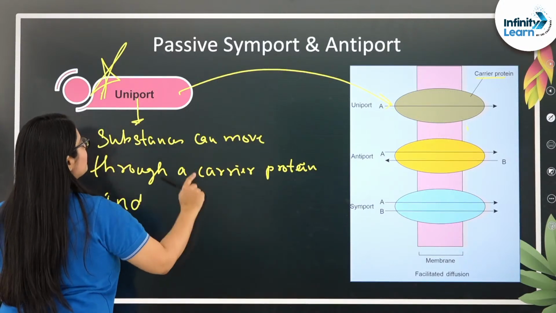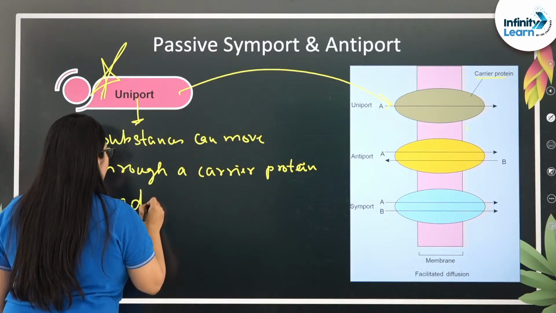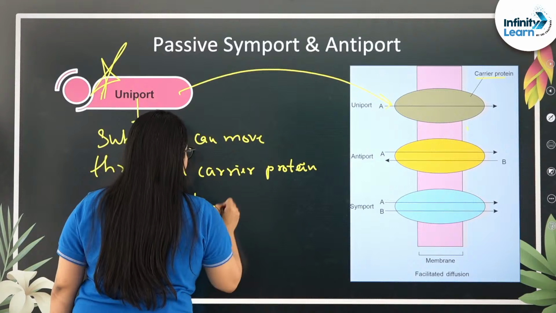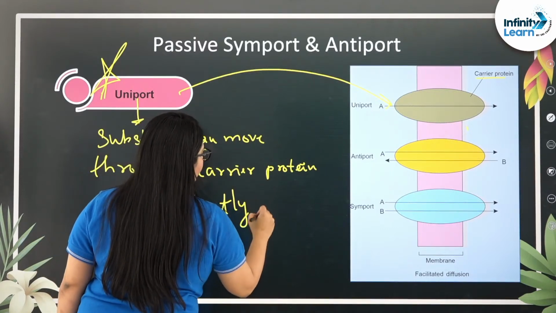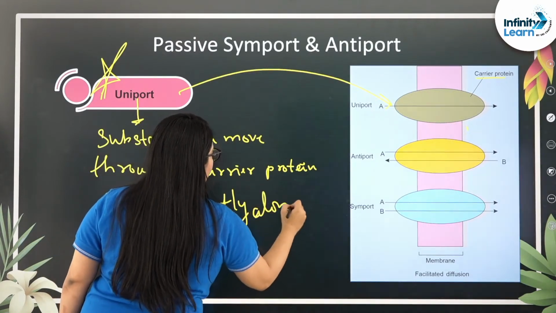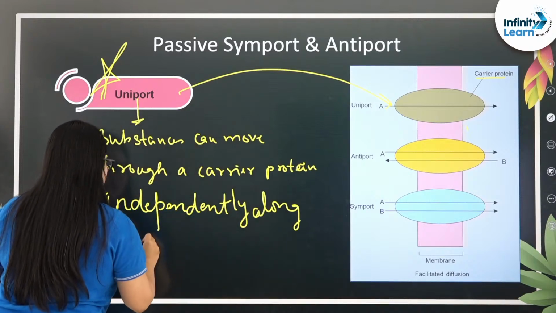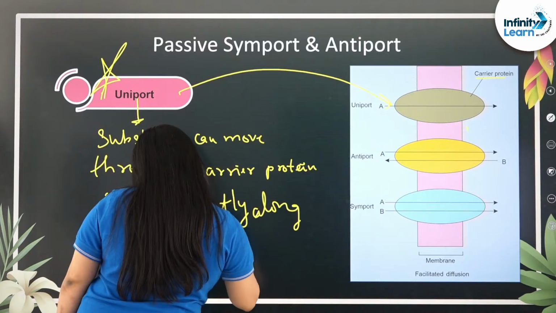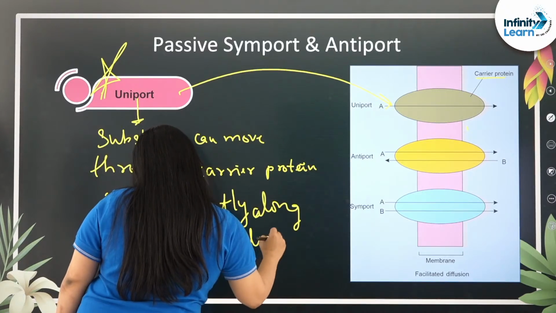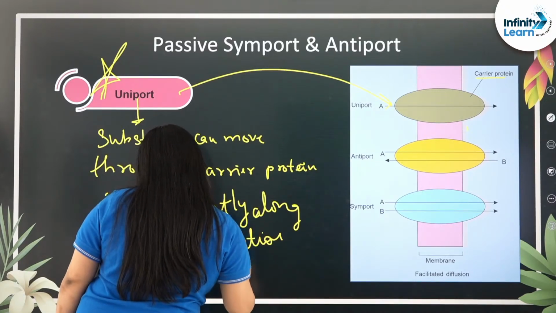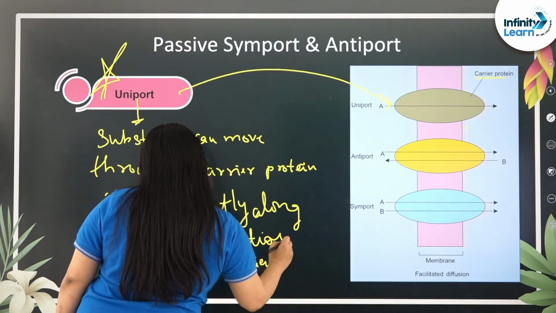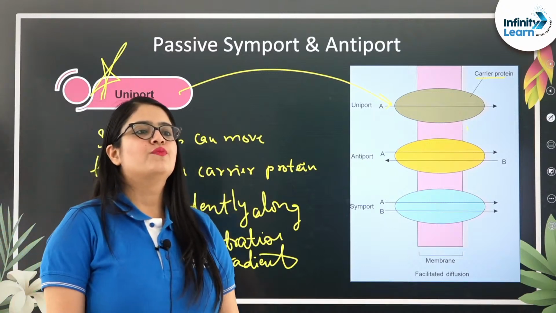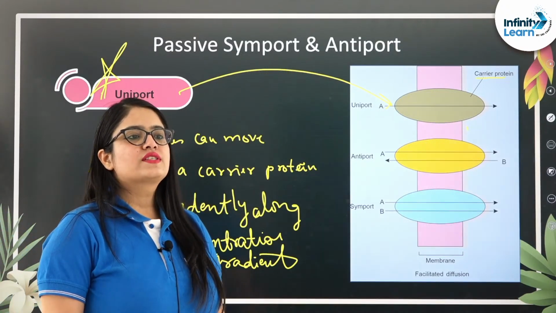So substances can move through a carrier protein independently along their concentration gradient, right students? I hope uniport, symport, antiport all are crystal clear to all of you, right? I hope this much is clear to all of you.